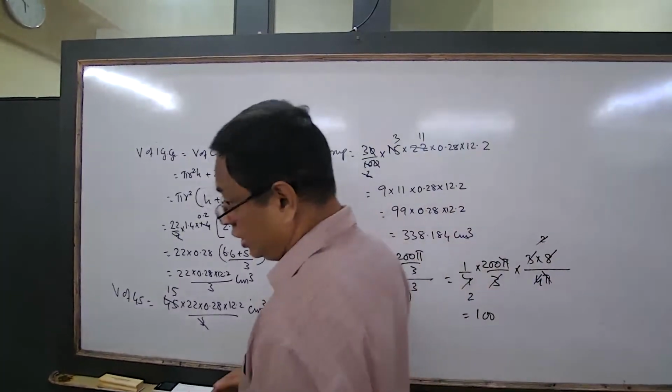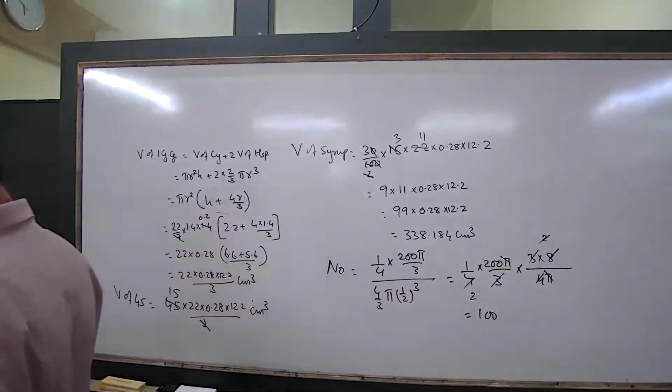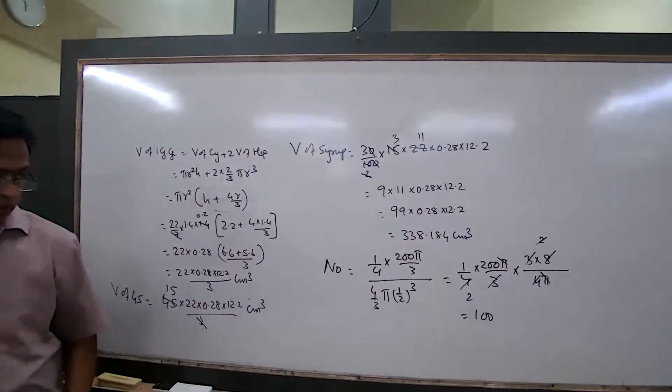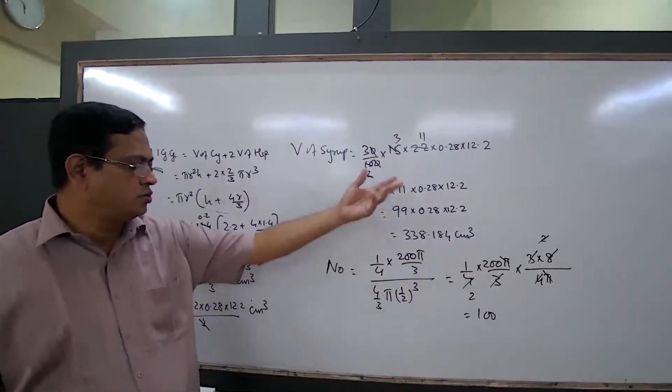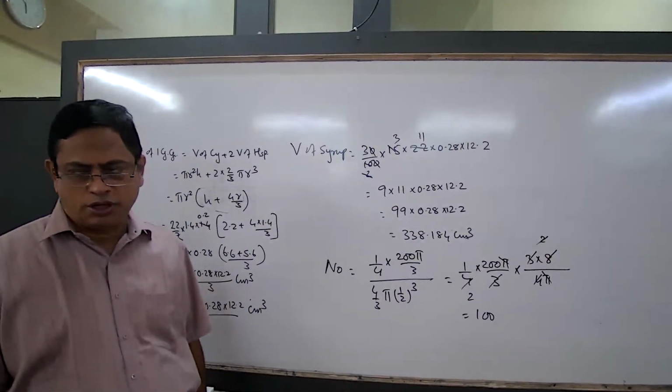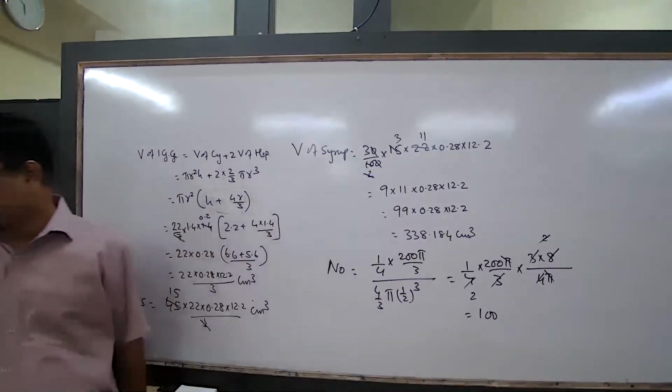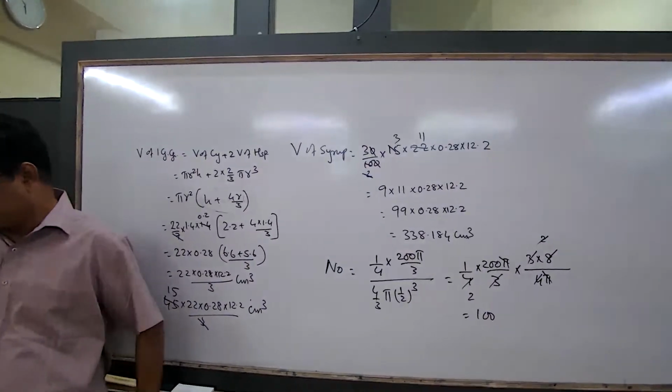Be careful, if you change one side, everything goes wrong. Be very careful. This 3 will go up, these 2 down, 8 will go up. By cut, on the opposite side you multiply, that's why the problem happened.